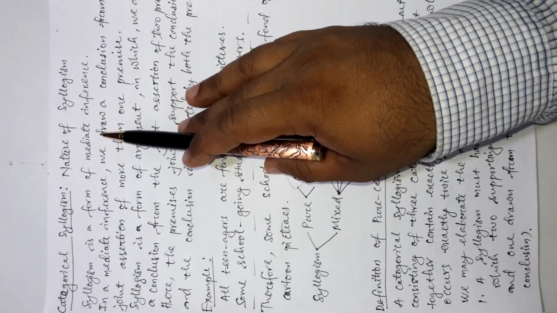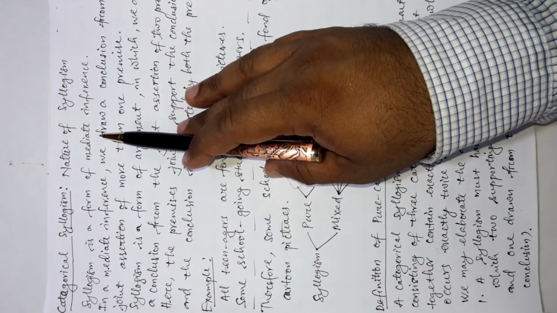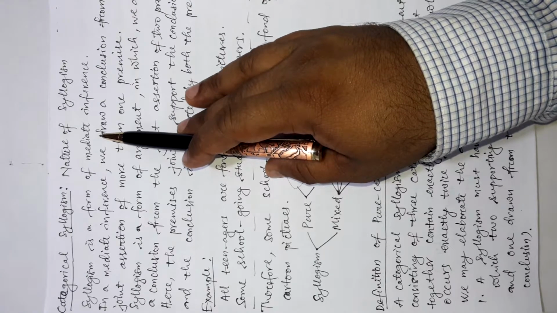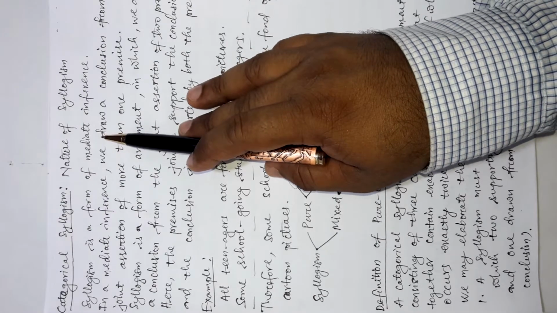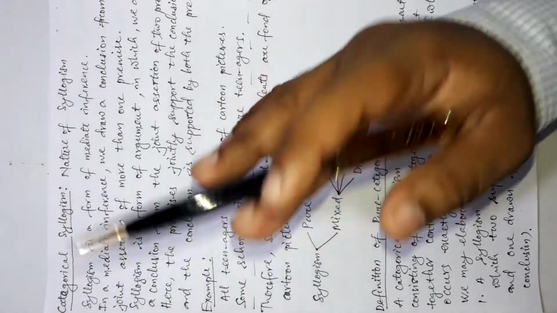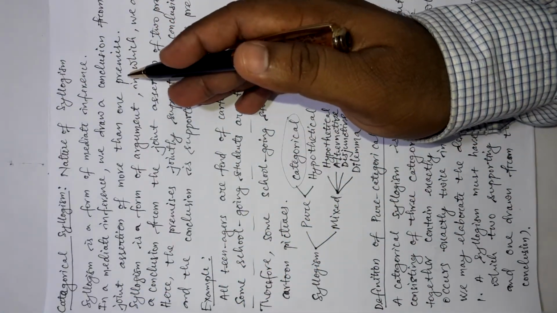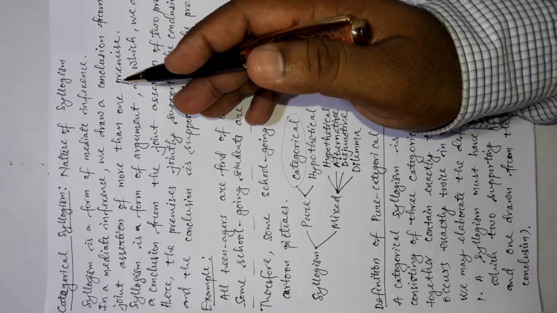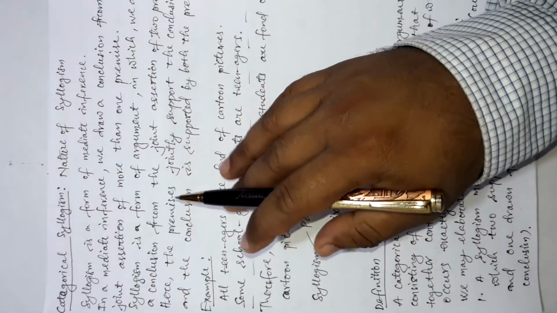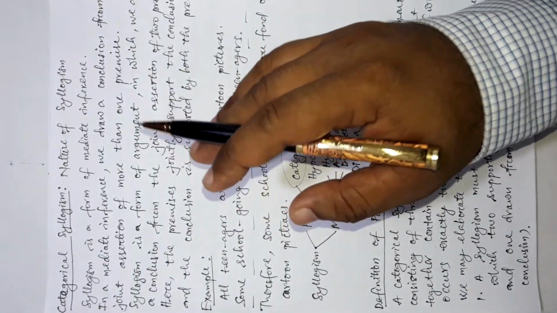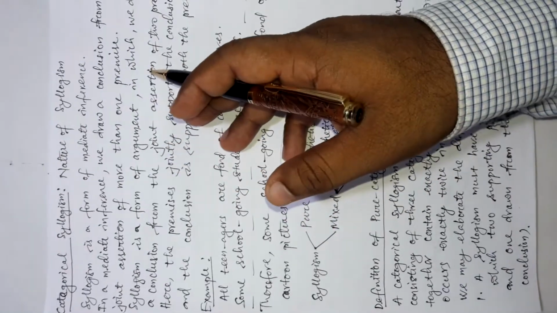Inferences are just arguments. Arguments are divided into two parts, a premise part and a conclusion part. The conclusion is always one single proposition or statement, but the premise may contain one proposition or more than one proposition.